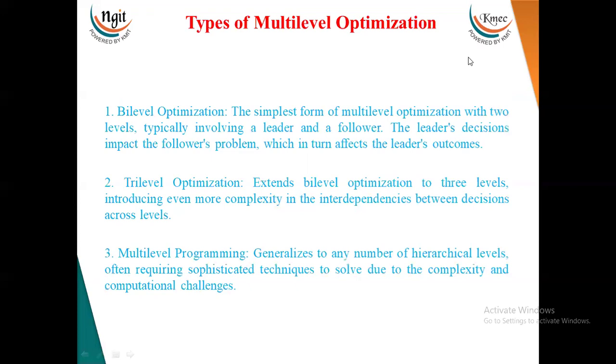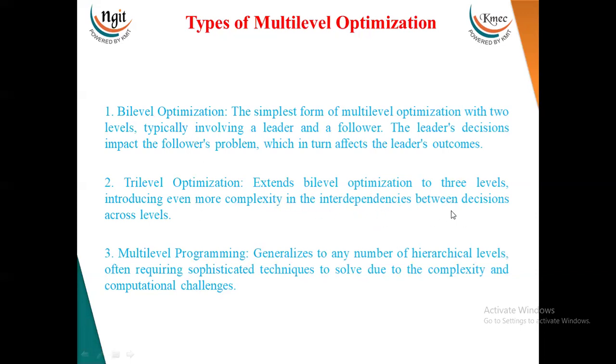So four things: hierarchical structure, leader follower dynamics, objective functions and constraints. And types of multi-level optimization are bi-level optimization, tri-level and multi-level. In the bi-level optimization, we'll have only two levels, a leader and a follower. Leader will decide what to do, that is the optimization part, and follower should follow it. Tri-level optimization will have three levels, even more complex than this one.